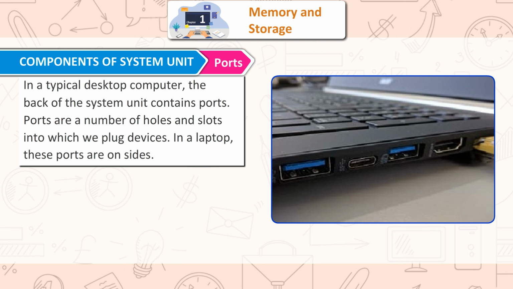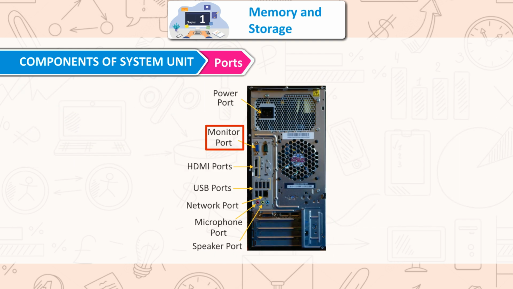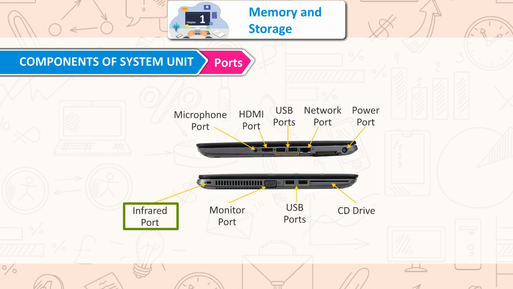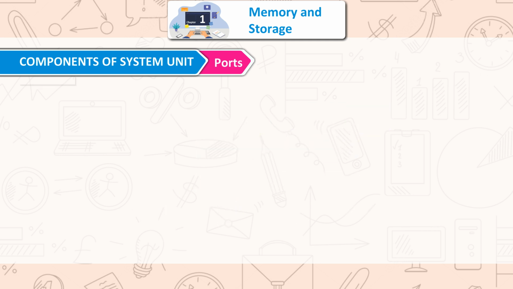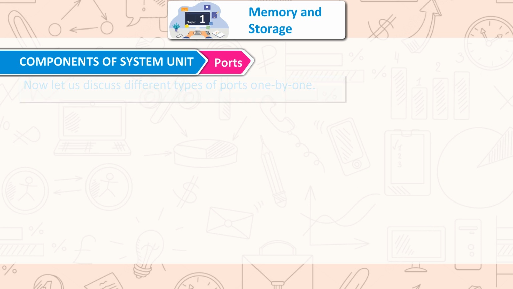In a laptop, ports include the power port, monitor port, HDMI port, USB ports, network port, microphone port, and speaker port. Now, let us discuss different types of ports one by one.